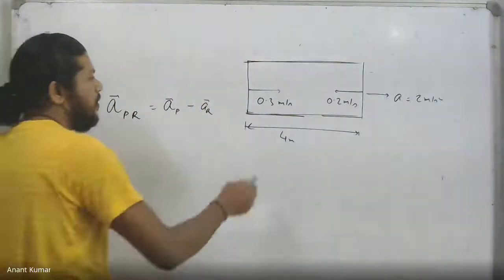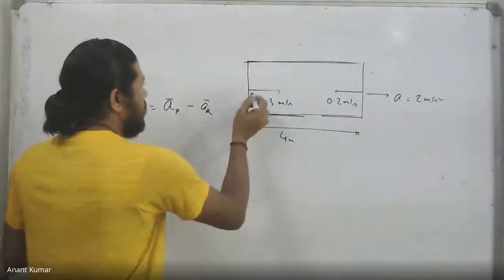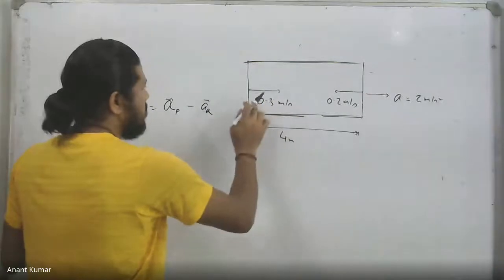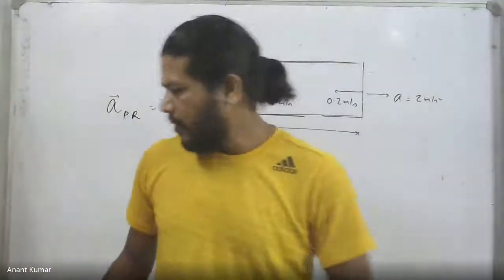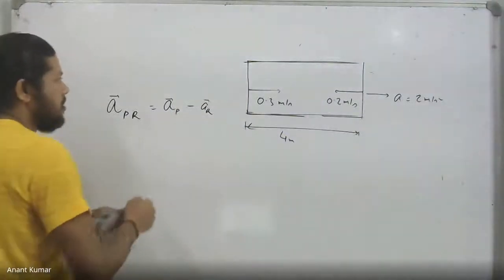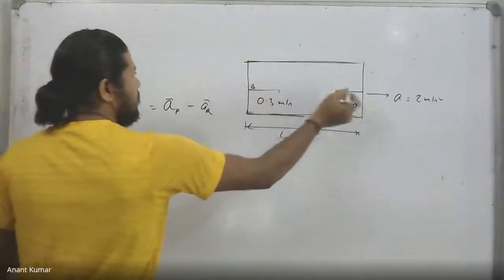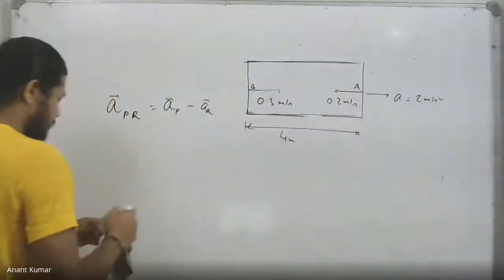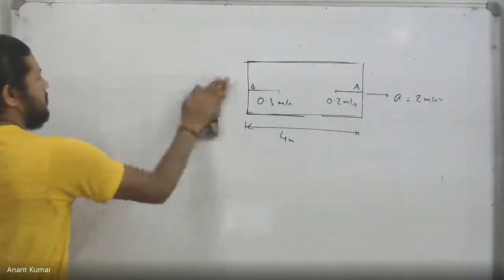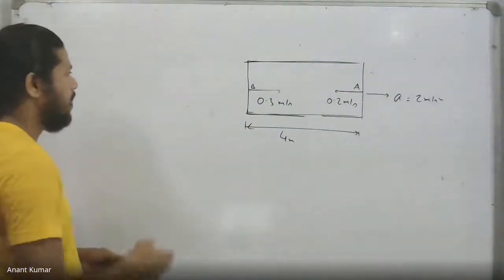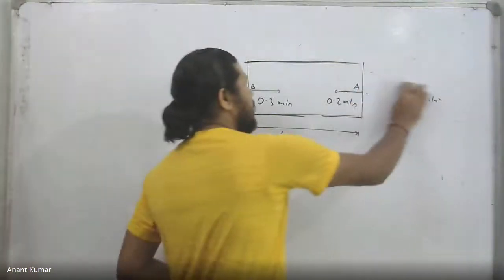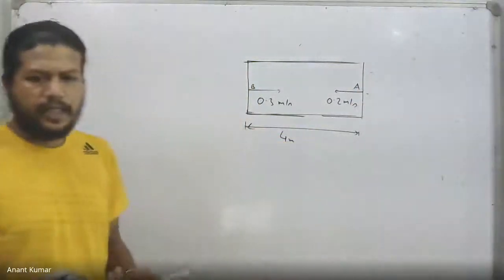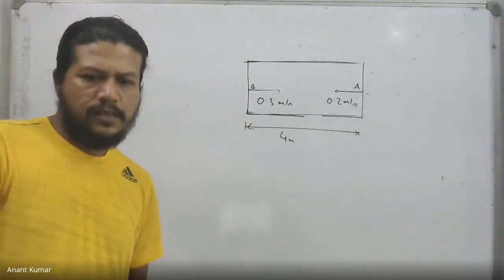First of all, I consider the maximum distance with respect to the rocket attained by the particle B. Let us consider this as B, and that is A. With respect to the rocket, obviously the rocket is not accelerating any longer because I'm already inside the rocket itself.